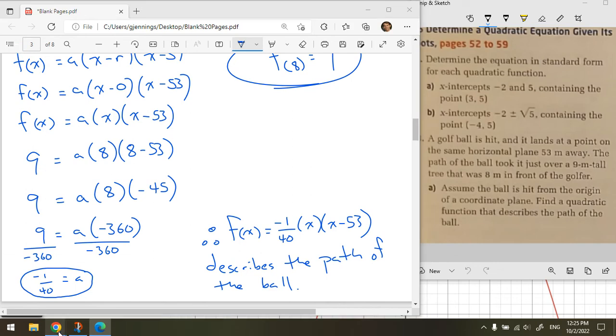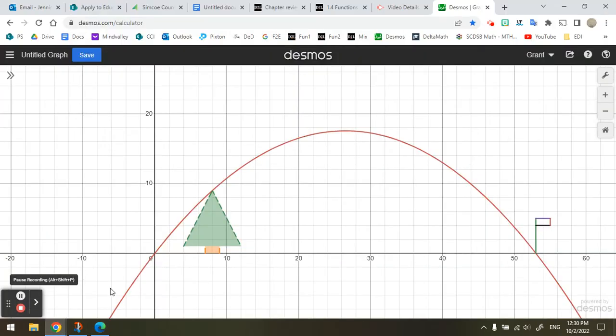And I'll prepare a brief Desmos visualization. Okay, here's our visualization. I've drawn the tree. I've drawn the path of the ball starting at the origin. I used our function, the one that we developed with algebra. Here's the point 8 meters away, 9 meters high. That's the top of the tree.